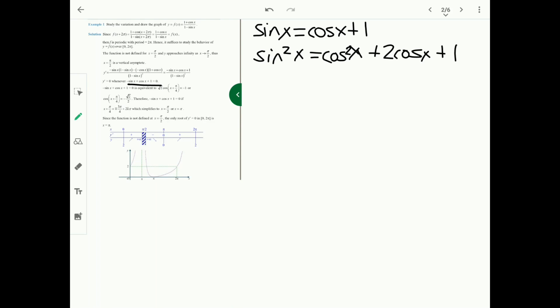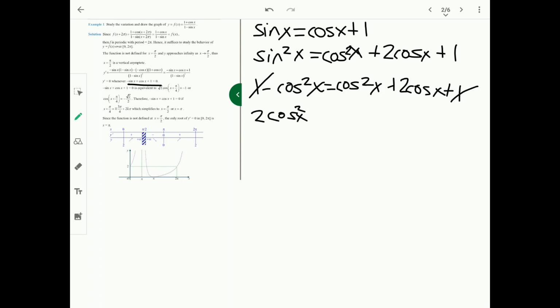Now sine squared x is 1 minus cosine squared x, plus 2 cosine x plus 1. This cancels. You take minus cosine squared x to the other side, you get 2 cosine squared x plus 2 cosine x equals 0. 2 cancels.